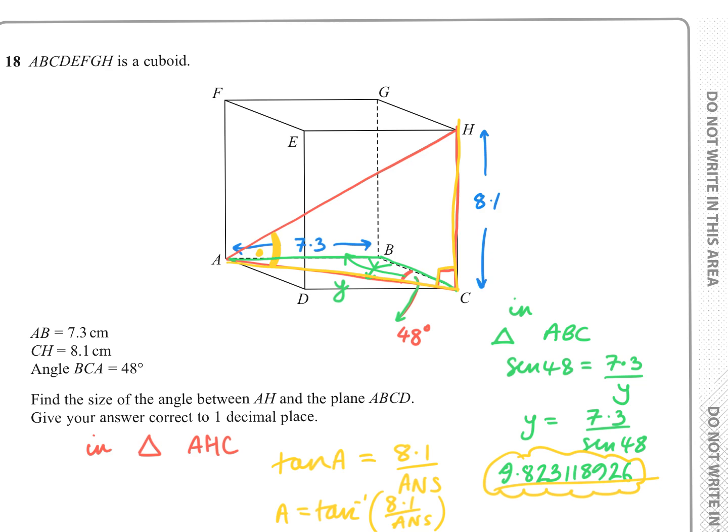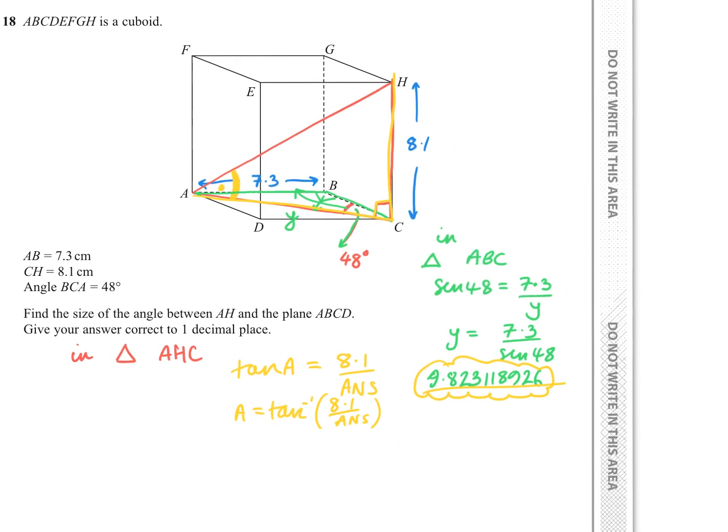And what I get is, and I'll just create a bit of space here, I get A is 39.50849231, but it wants it to one decimal place, so I'm going to write 39.5 degrees and put 1 dp in there.